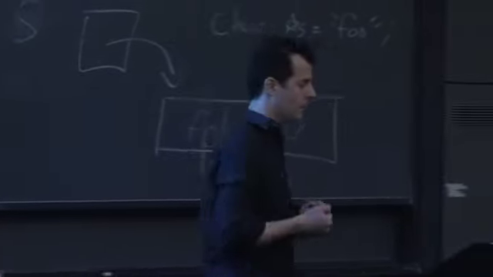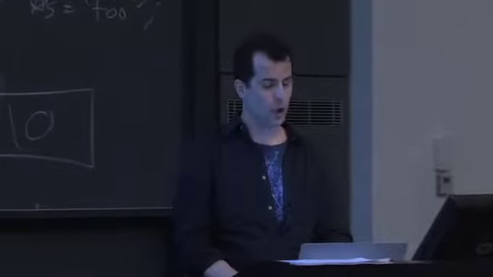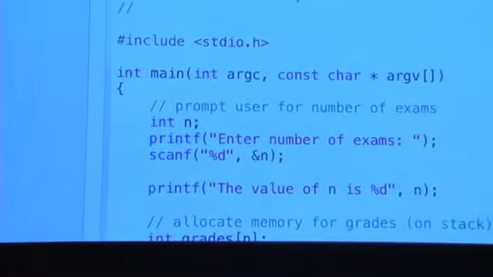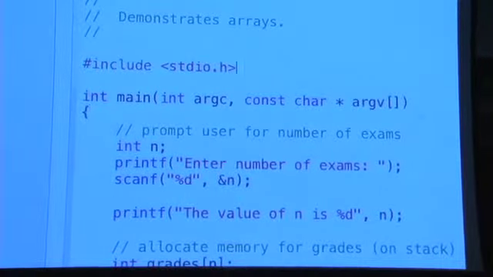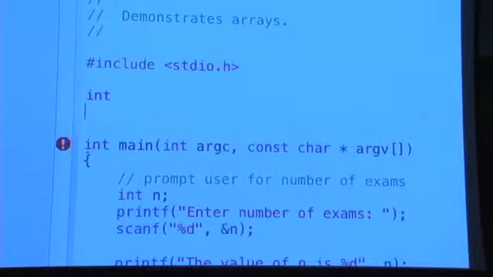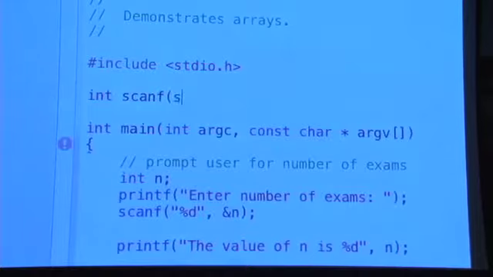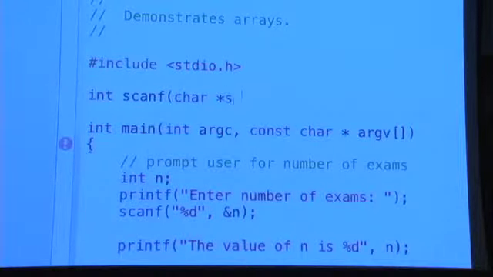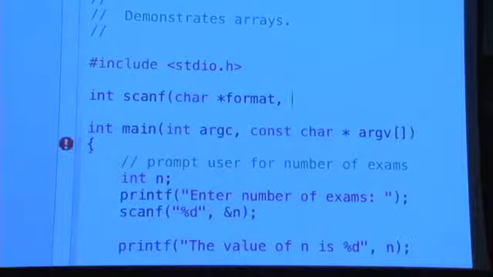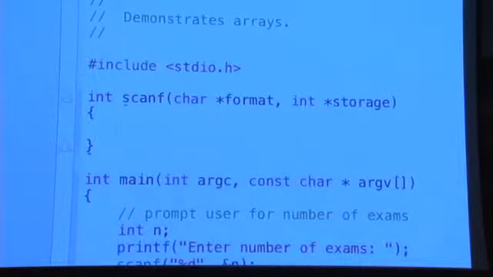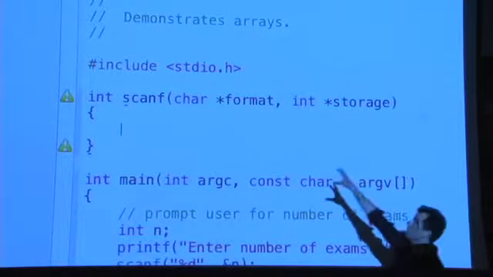Is there a difference between the ampersand and the star? Yes. Ampersand is literally address-of. Wherever n is, that will figure out what its address is. By contrast, if I were the guy implementing scanf, for instance, int scanf, it's going to take a string for its format string, and then it's going to take an int. This is a bit of an oversimplification for scanf, but this will do the trick. So if I am the guy who invented C and implemented scanf, it's going to take a string, which is the format string.